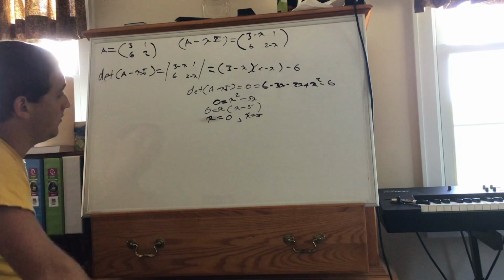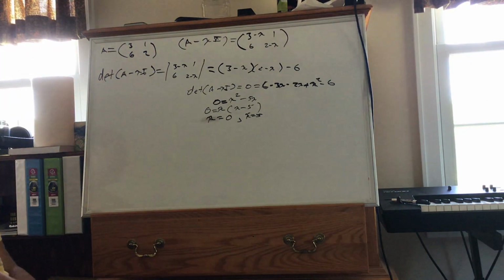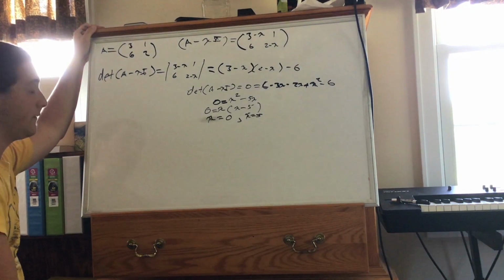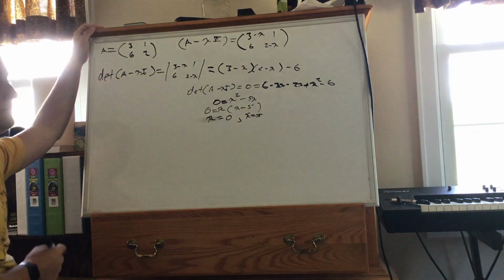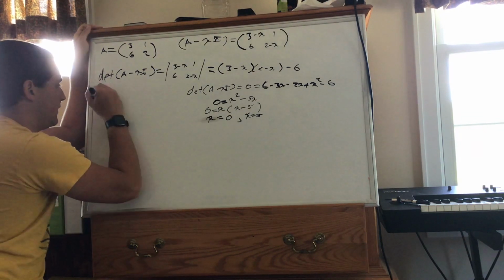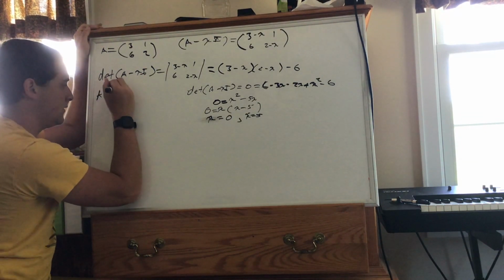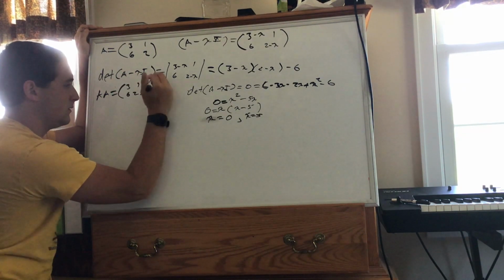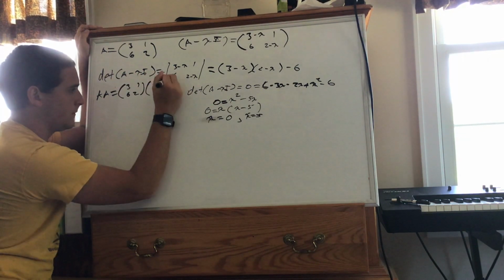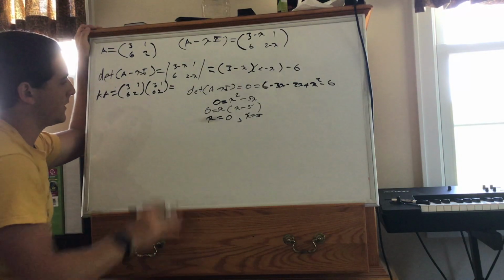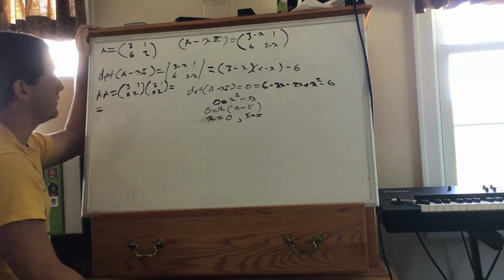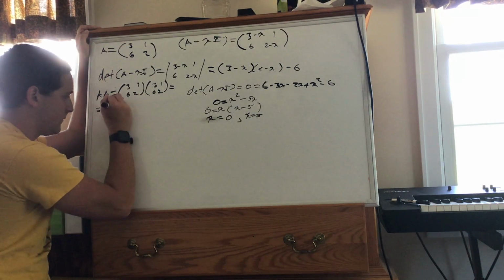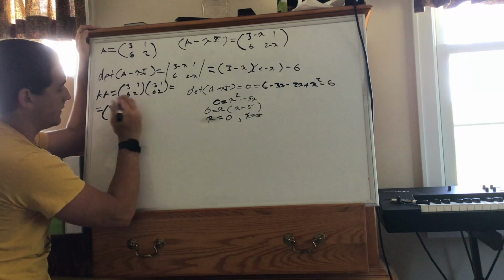Now I'm going to square this matrix and then do the same process again. So A times A equals 3, 1, 6, 2 times 3, 1, 6, 2. 3 times 3 is 9, plus 6, because 1 times 6.